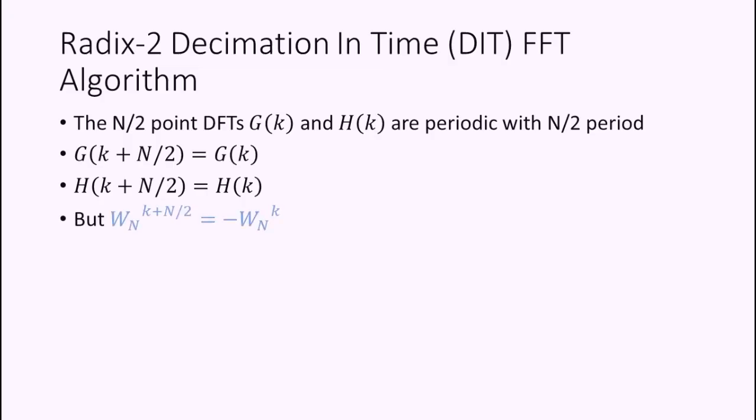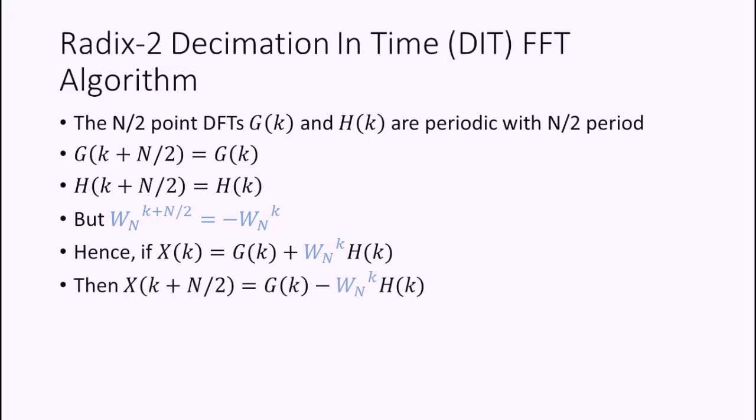But W_N^(k + N/2) is equal to minus W_N^k according to the second property of the twiddle factor. Hence, if X[k] = g[k] + W_N^k h[k], then X[k + N/2] = g[k] - W_N^k h[k].